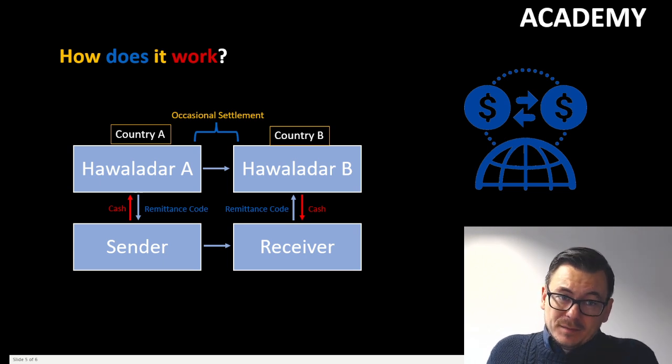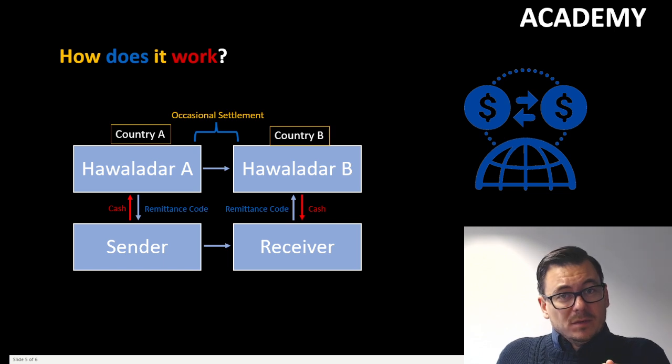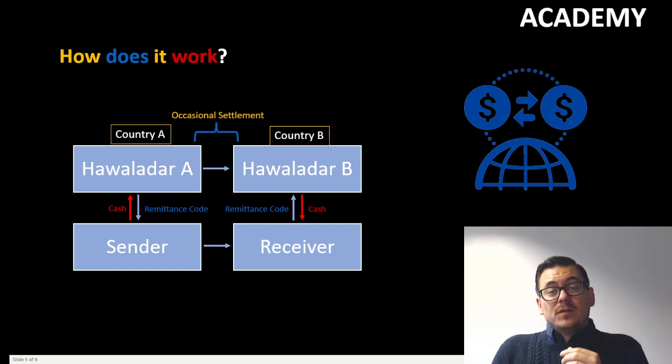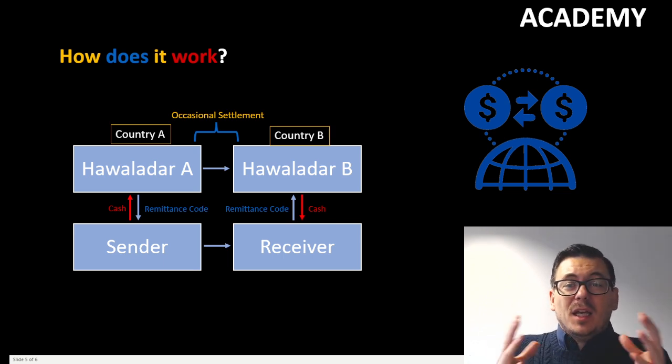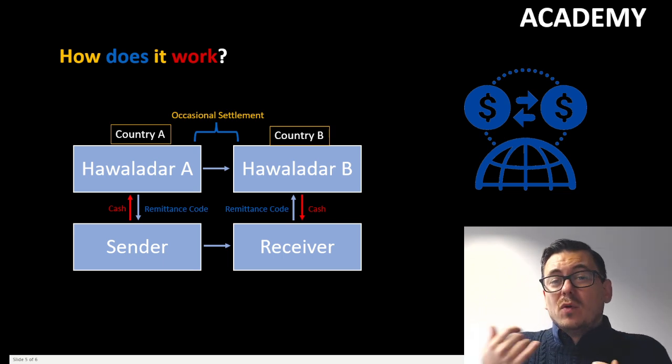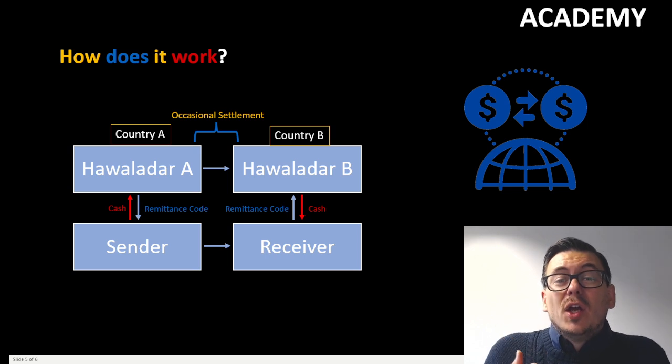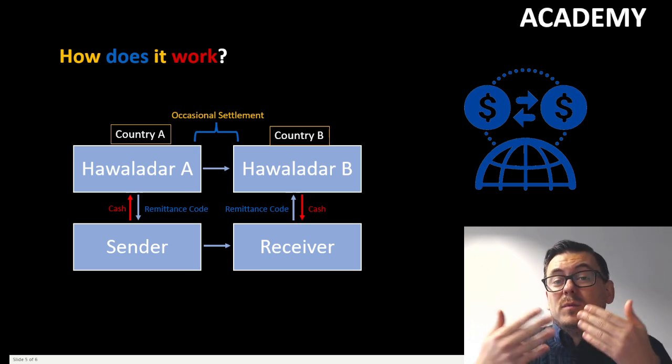At the same time, Hawala A gives the sender a remittance code that the sender then will have to send or call, to make a transfer. It can be an email, a text message, or just a call to the receiver, saying, okay, to identify yourself, you need to disclose this remittance code.